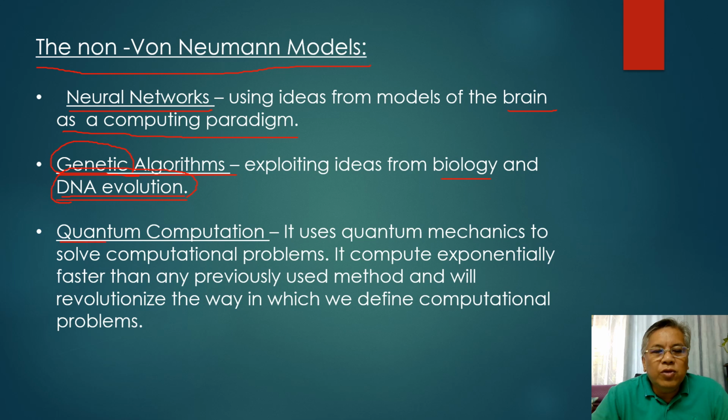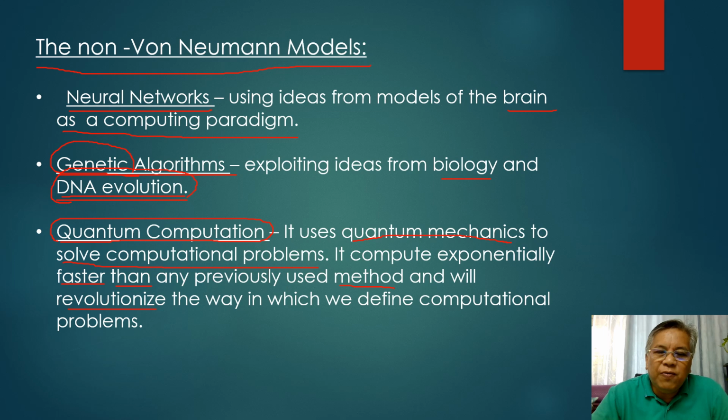Then we have the quantum computation. This one. The quantum computation uses quantum mechanics, so it is like physics, no? It uses quantum mechanics to solve computational problems. It computes exponentially faster than any previously used methods and will revolutionize the way in which we define computational problems.